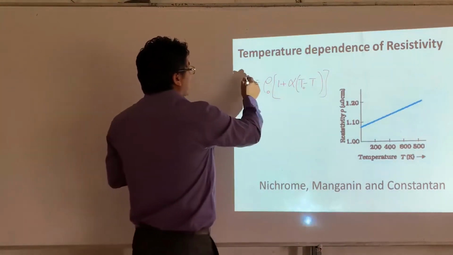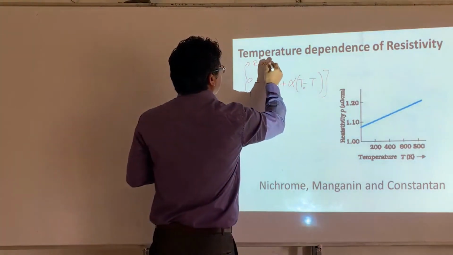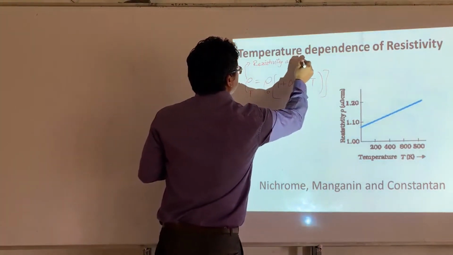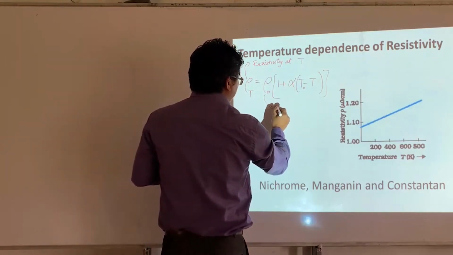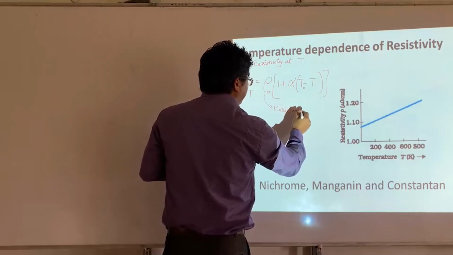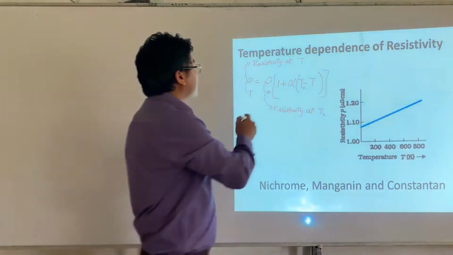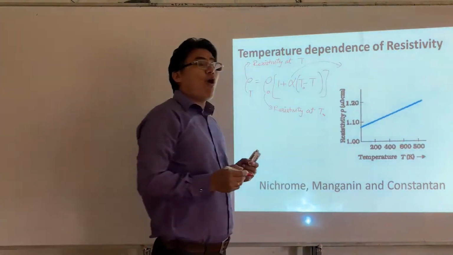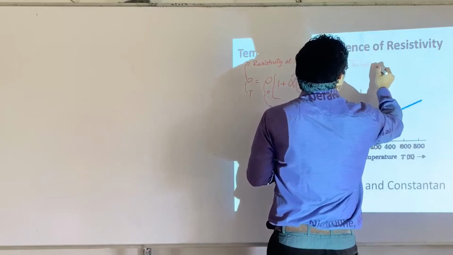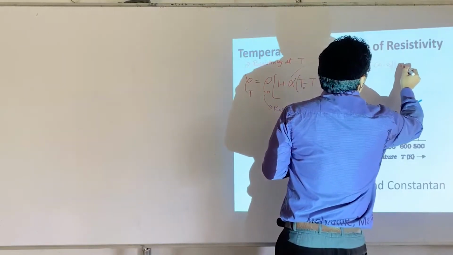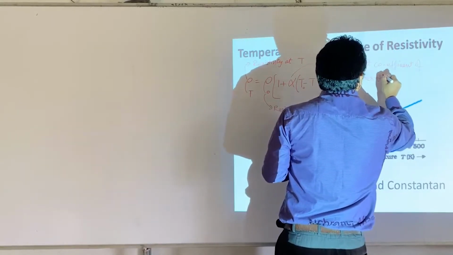Here rho T is the resistivity at temperature T, that is the final temperature. Rho naught is the resistivity at temperature T naught, that is the initial temperature, and alpha is the temperature coefficient of resistivity.